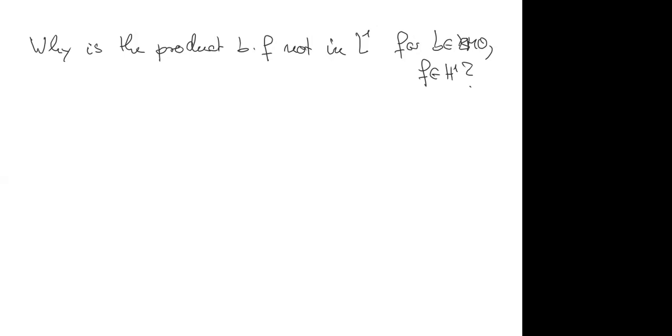But what happens if you go to the endpoint and you look at the BMO, H1 duality, which Daniel also talked about today? There is a property of the space H1 which spoils what you're trying to do. And that is the following.